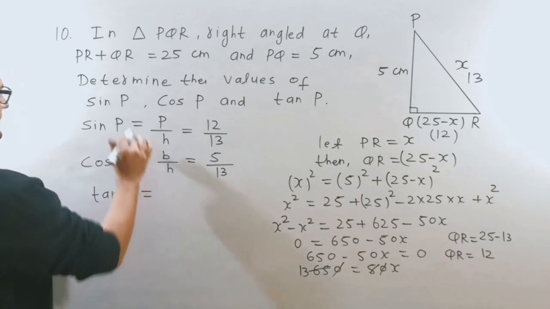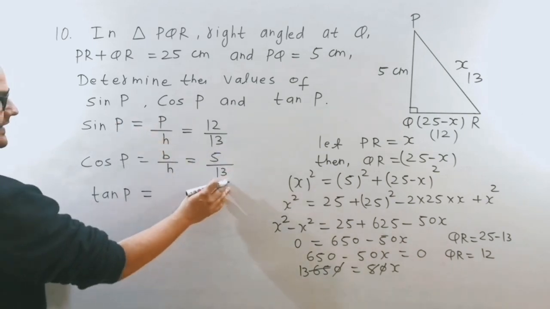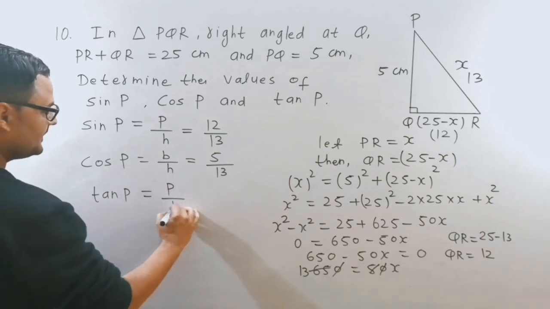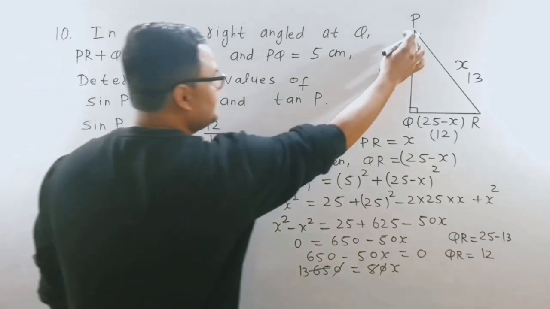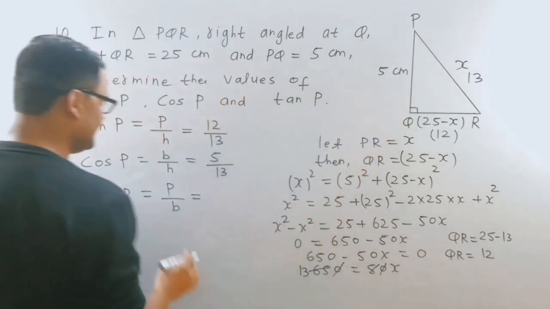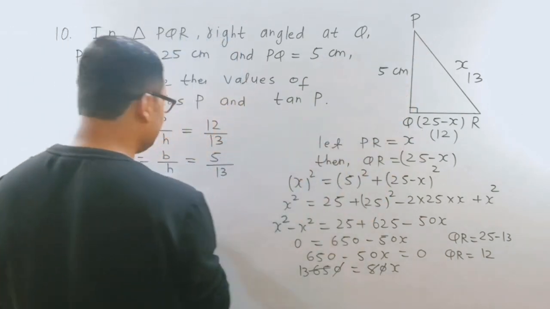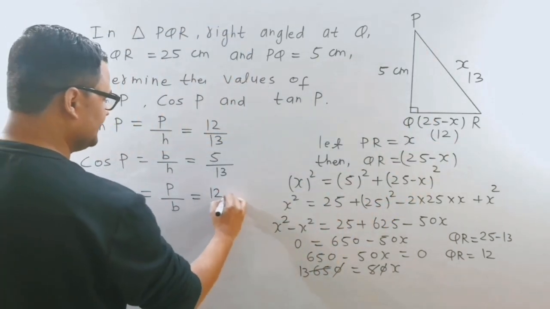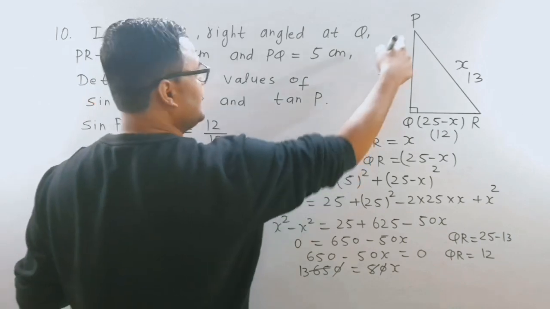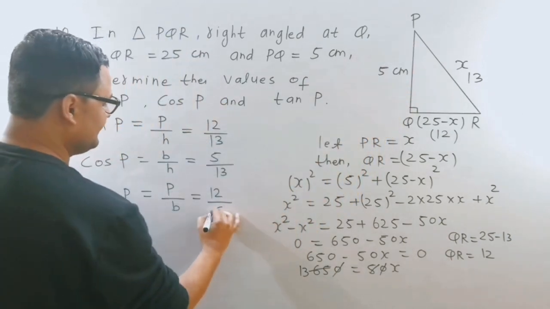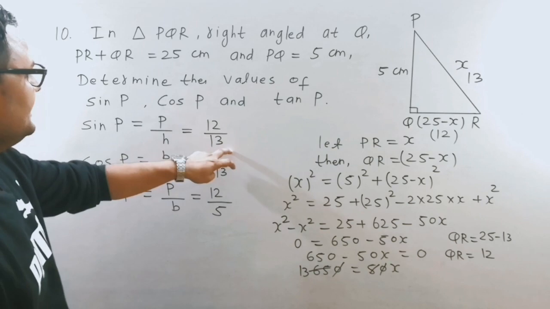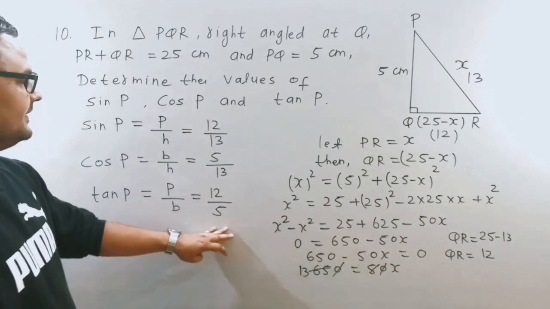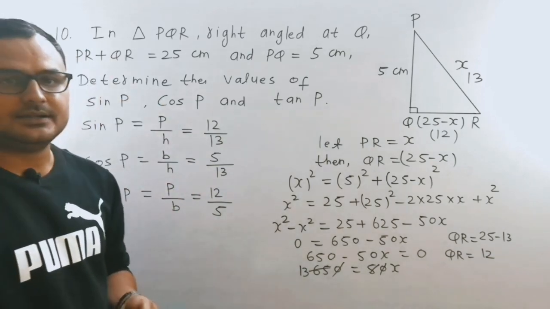Tan p is equal to sin p by cos p. 13 cancel, 12 by 5, or we have p by b. So for this angle p, the perpendicular is 12. Divide by b. For this angle p, the base is 5. So sin p 12 by 13, cos p 5 by 13 and tan p equal 12 by 5. Question number 10 is done.